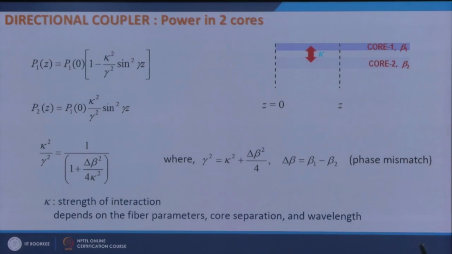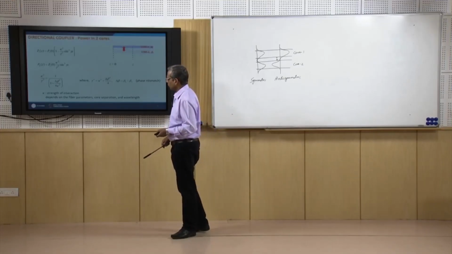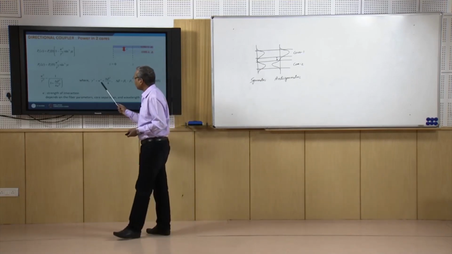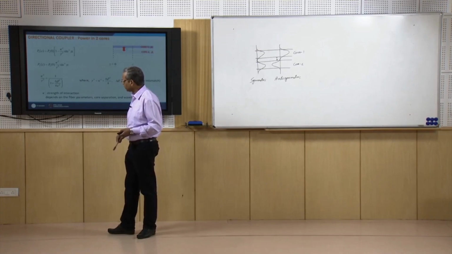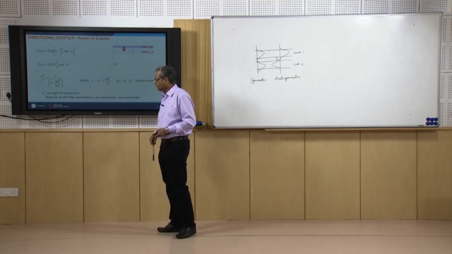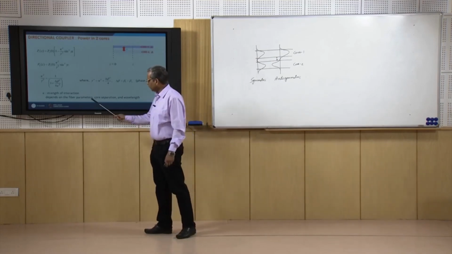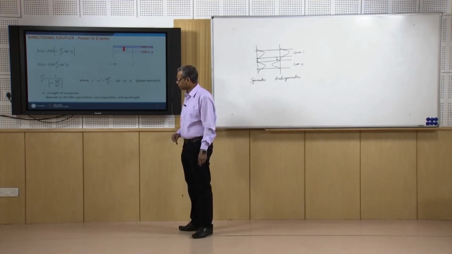So, of course, if beta 1 and beta 2 are different, there is a phase mismatch between them. And kappa is called the coupling coefficient and it represents the strength of interaction between the two cores. It depends on the fiber parameters, the core separation and the wavelength.